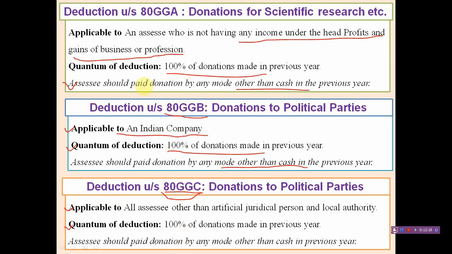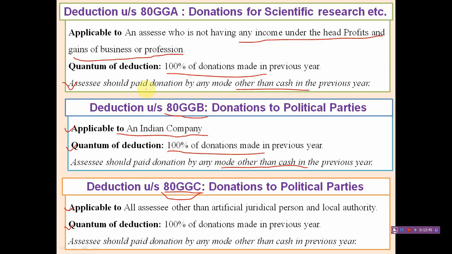It means all these three deductions are in respect of donations, but not donations to any specified funds or organizations. If an assessee has donated towards any specified funds or organization or association, he can claim deduction under section 80G.